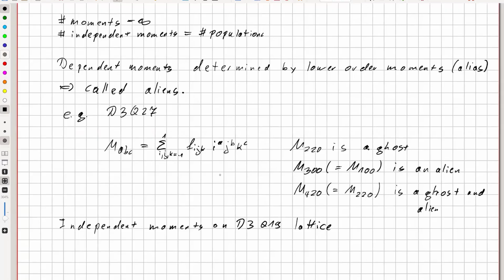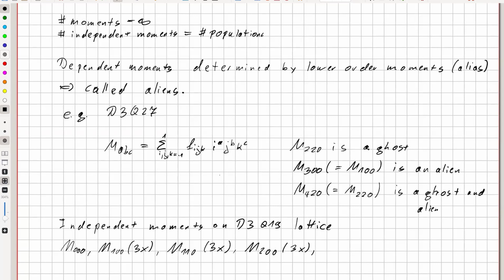So how do we get to the independent moments of the D3Q19 lattice, for example? Obviously, there need to be the 10 hydrodynamic moments: M000, M100 three times, then the ones that are still hydrodynamic moments, three times. The second order ones are all present. Now you can count that this is 9.